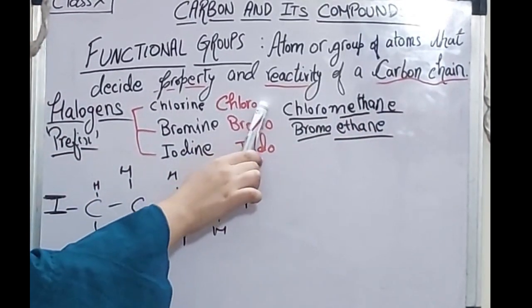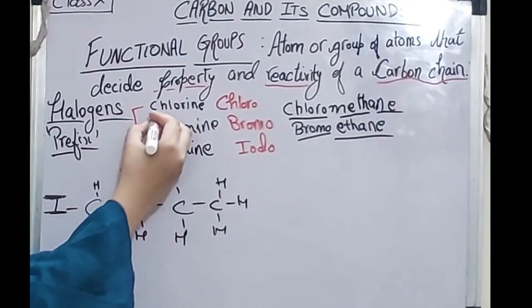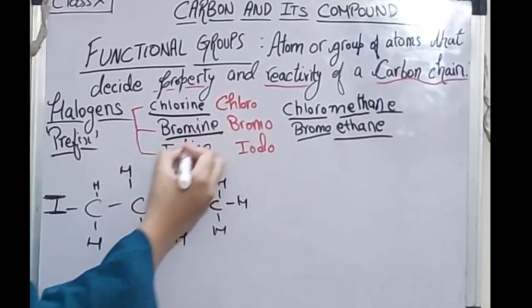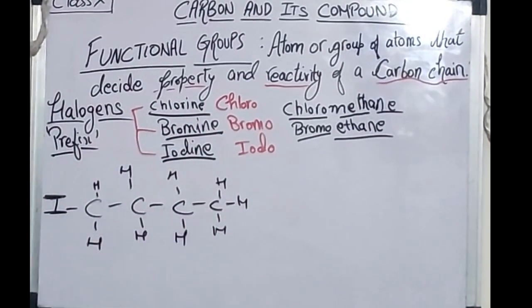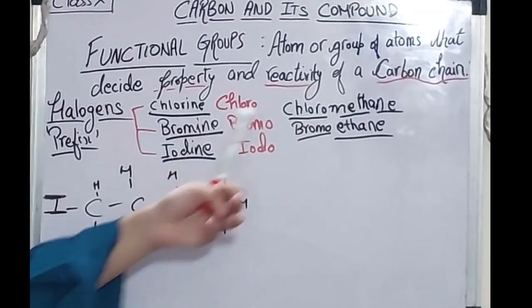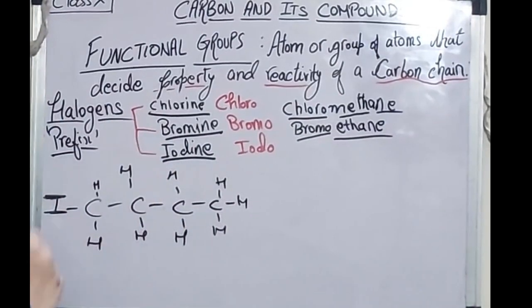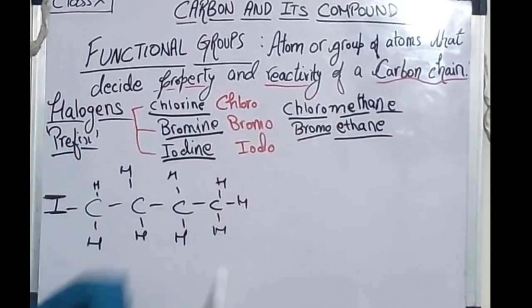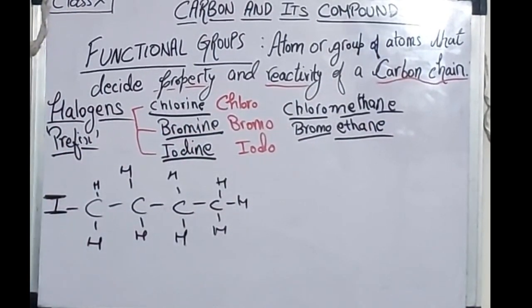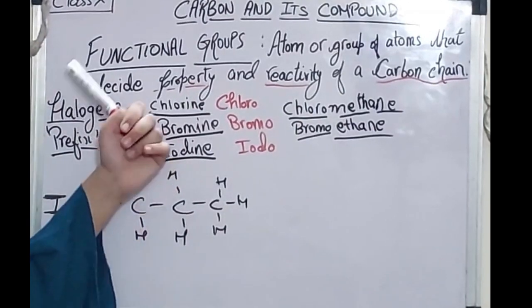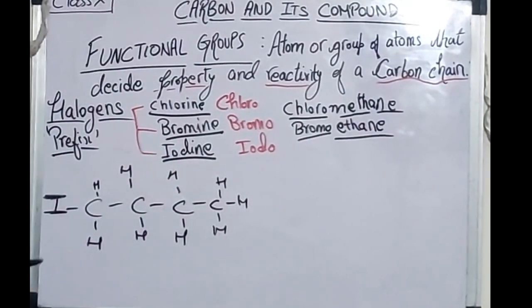So these words are the prefixes to represent whether it's chlorine, bromine or iodine, and then we can do the naming. And you must know how to do the naming because कभी भी आपके यहाँ तो structure बनाने आ सकते हैं by the naming, or they can ask you which type of functional group is this, so you should know.